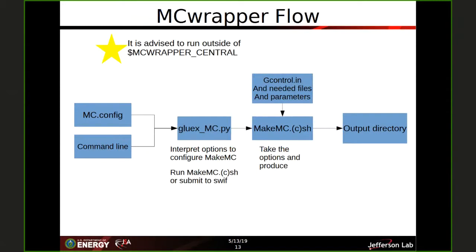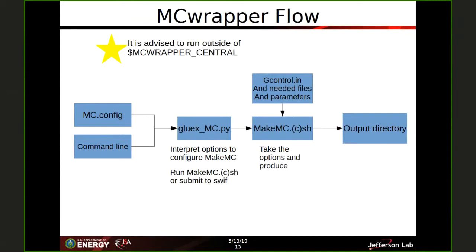It figures out from the RCDB what the coherent peak position was or whatnot. So it gathers up all the resources needed and actually does the production. All four of those steps, generation and simulation, smearing, and reconstruction, all happen here. And then you get output, and it'll put it in the output directory.